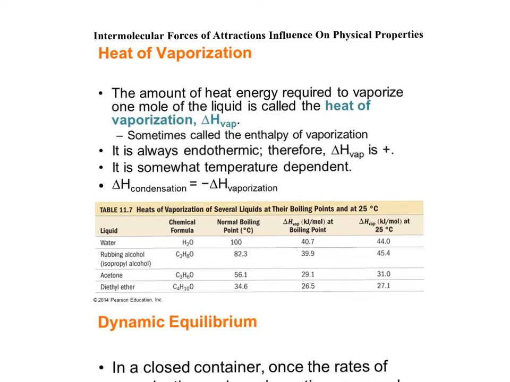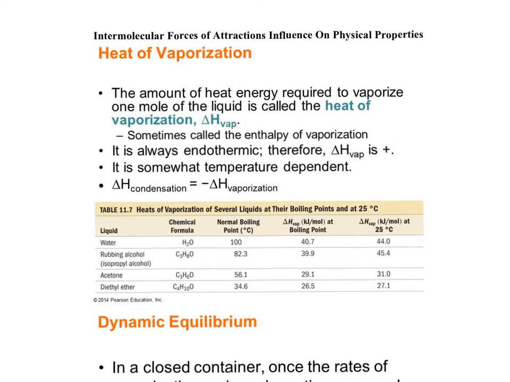So now that we realize that evaporation or vaporization is endothermic, it requires heat in order for it to happen, and I just reminded you about enthalpy, delta H, we can now define something called the heat of vaporization, or the enthalpy of vaporization, delta H vap.